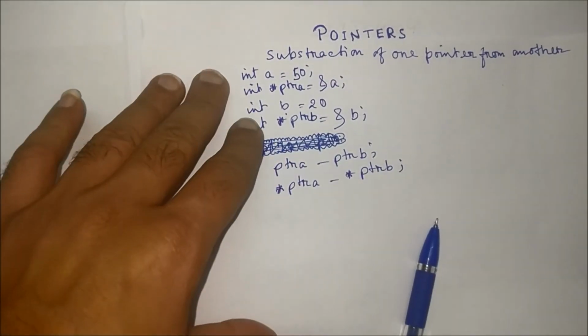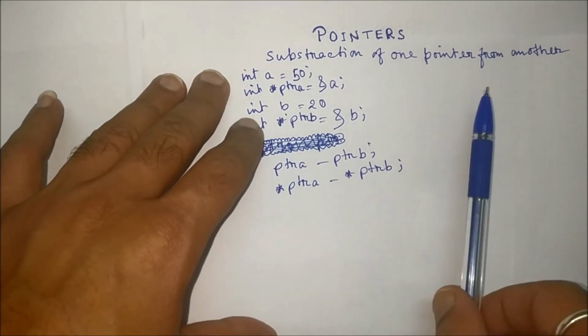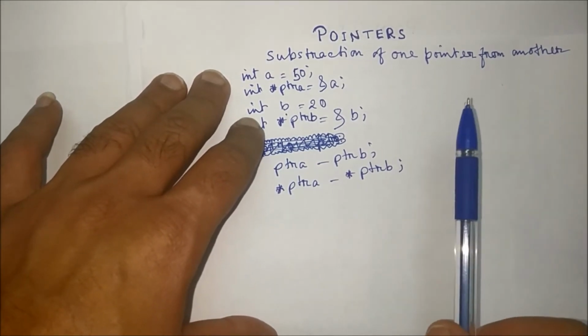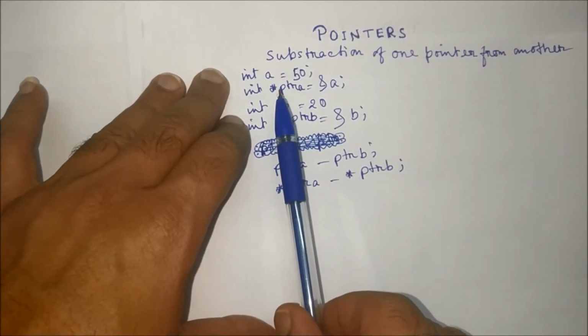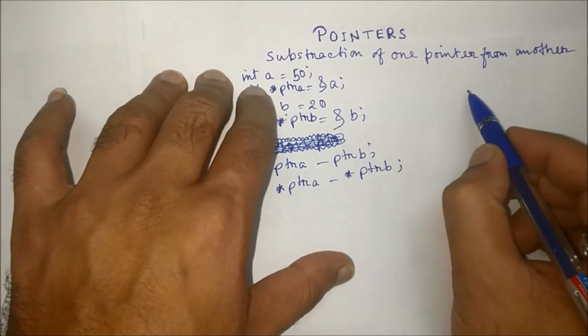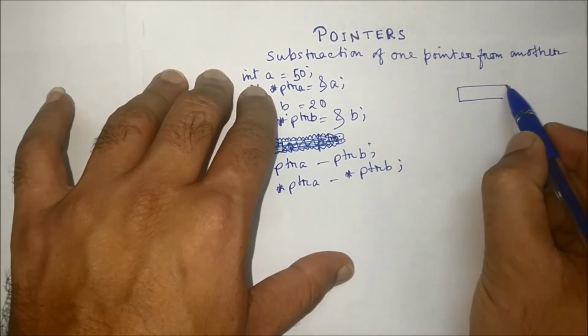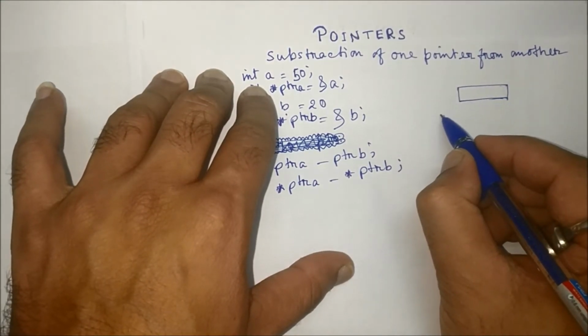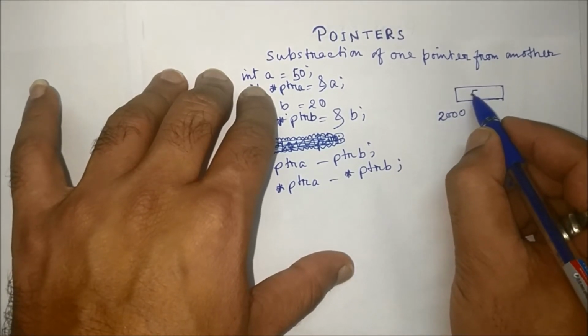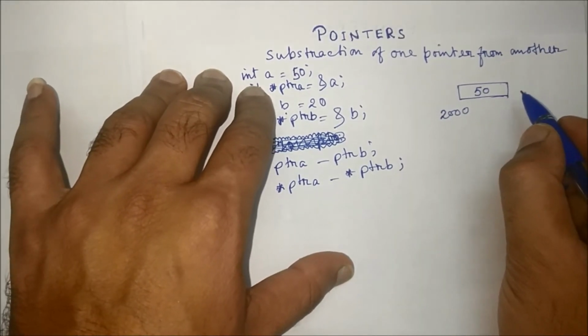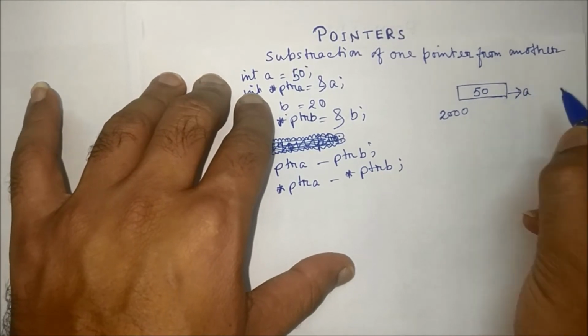I'm going to discuss a very interesting thing. If you are subtracting one pointer from another pointer, what will be the resultant thing? Here we have declared an integer variable a and are storing a value of 50. We are always going to represent this in terms of the memory map. Suppose you are storing it at location 2000, the value is 50, and the name of the location is a.